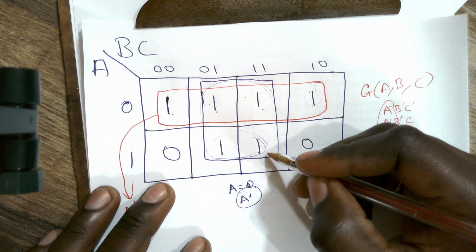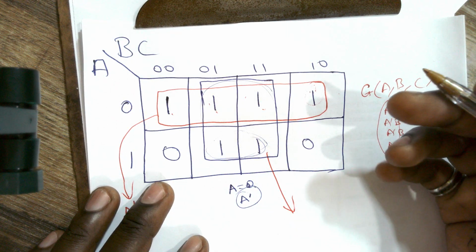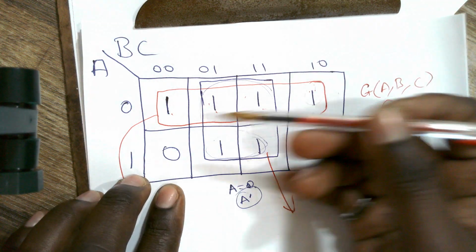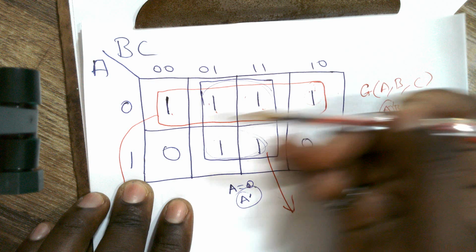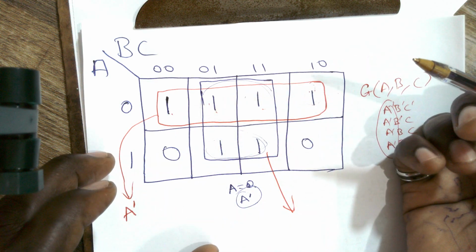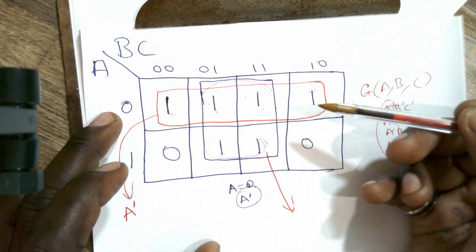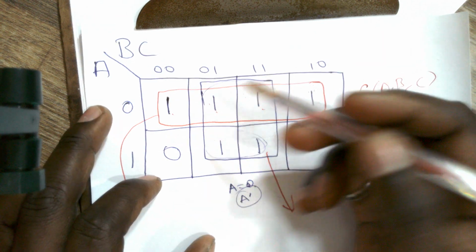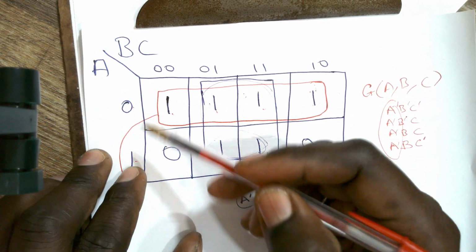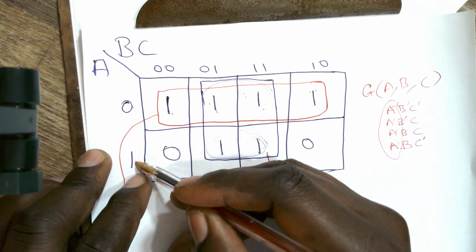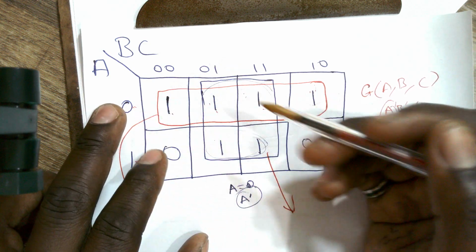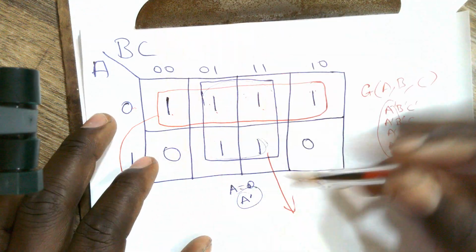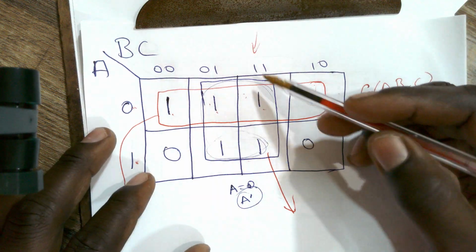And for the expression, we're going to use the shortcut approach from here on. We are going to look at these 4 ones from this perspective and see what is common. Looking at this perspective, none of the ones have a common A equals 0 or A equals 1. 2 of them have A equals 1, 2 of them have A equals 0. So therefore, A does not matter. Now it comes down to looking at it from the vertical perspective. What is common?